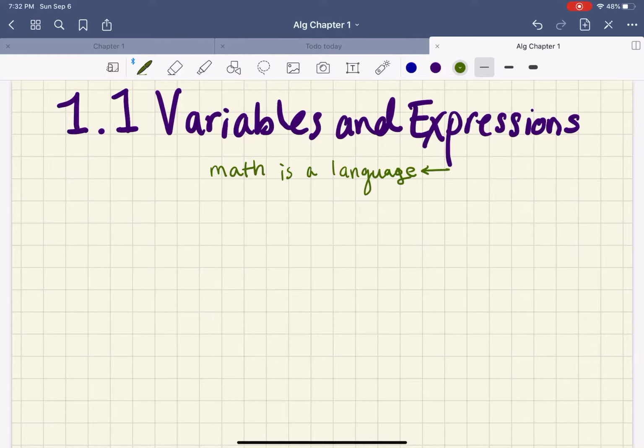So this is going to be a really good section for you to look at word problems and how you are translating, because it is language, how you are translating into an algebraic expression, which is our first word. So, algebraic expression.